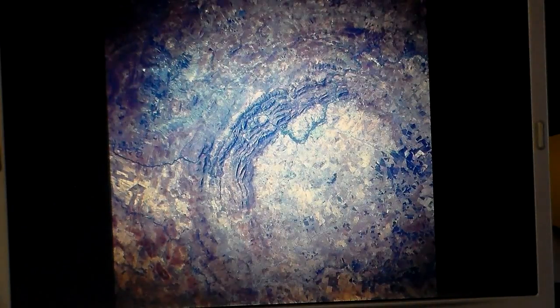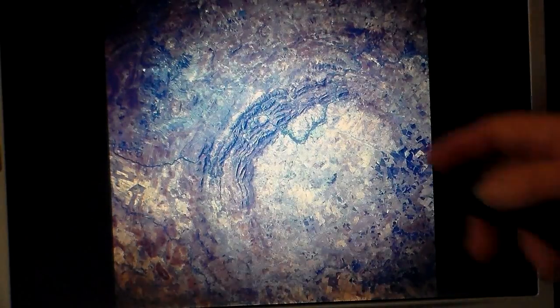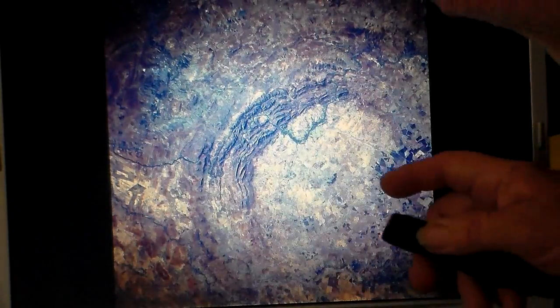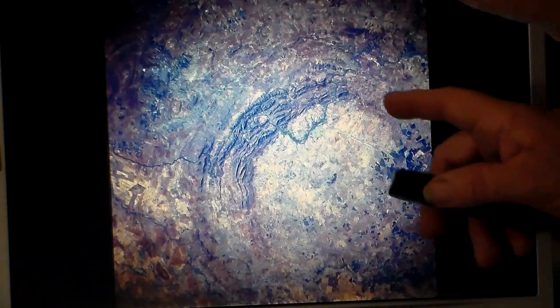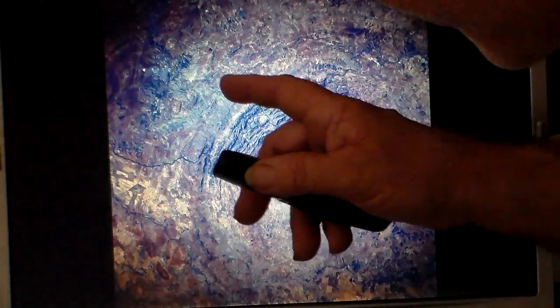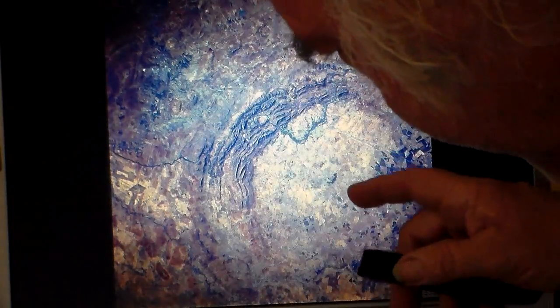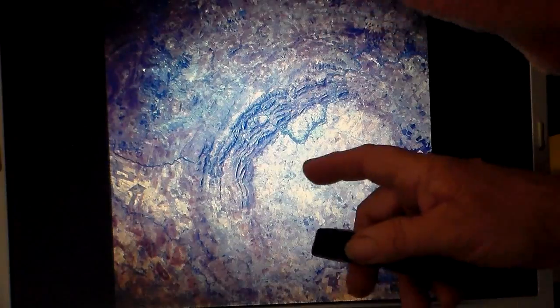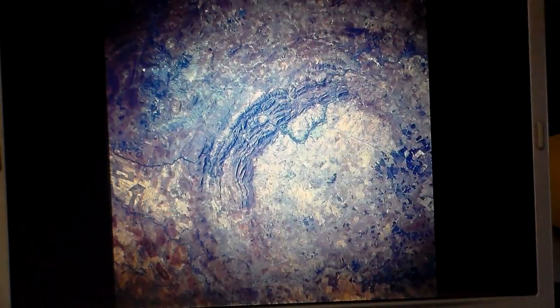The Vredefort South African crater is 160 miles in diameter, and that's this one here, and you can see the crater. But if you look real close, you can see there's cities here, and streets, and over here. These little tiny Lilliputians down here, in the middle of the crater. That's a gigantic crater, 160 miles.